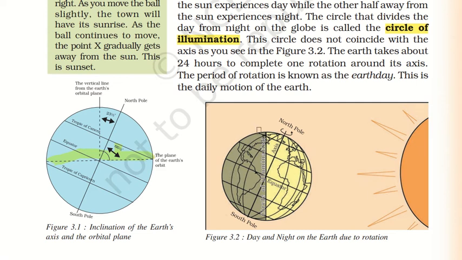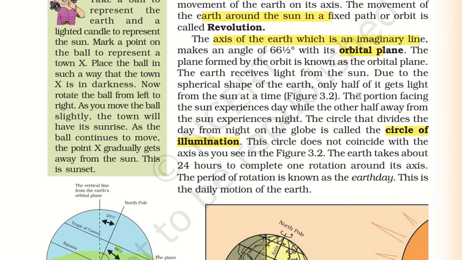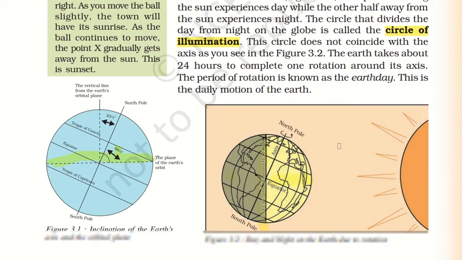The circle that divides the regions of day and night over the surface of the earth is called the circle of illumination. The portion of the earth facing the sun experiences day, while the other half, away from the sun, experiences night, and the circle that divides the day from night on the globe is called the circle of illumination.